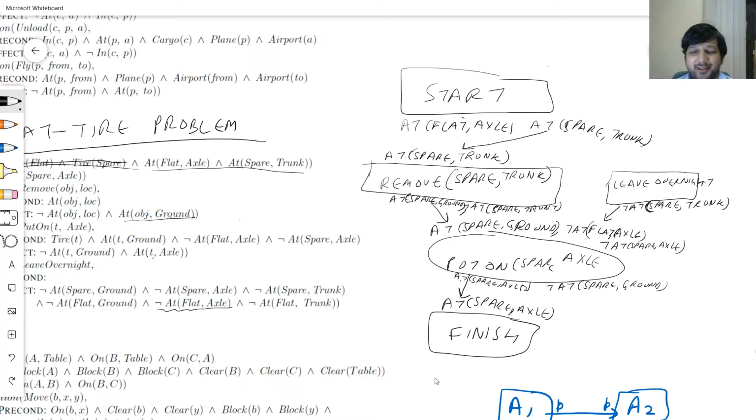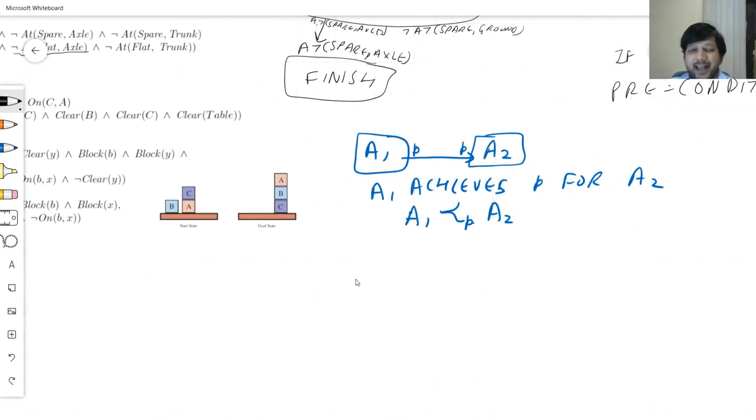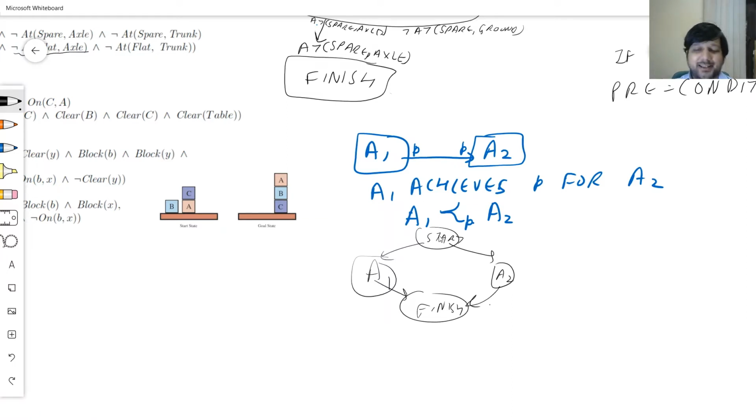In general, if I have something like A1 and A2 between start and finish, I could say start A1 A2 finish or start A2 A1 finish.